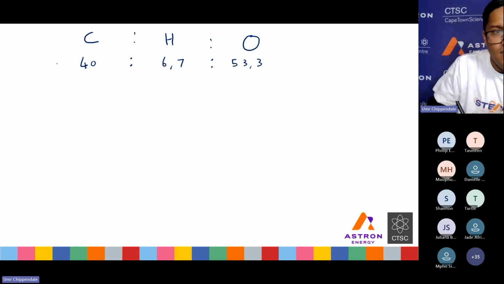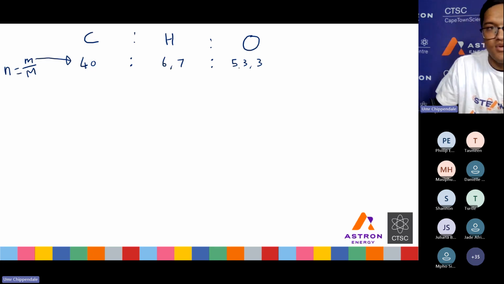So now from here, we can calculate the number of moles. We know the formula for number of moles is n equals mass divided by molar mass. These are the masses of the compounds: 40, hydrogen's mass is 6.7, and oxygen's mass is 53.3.